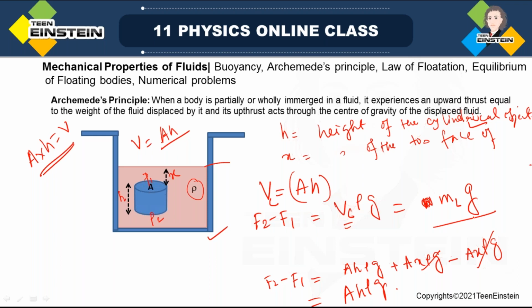So this is how we can see the weight of the displaced liquid. Since it is the volume of the whole cylinder, and it is fully immersed, the volume of the water displaced will be the same as this. So this is the weight of the displaced liquid.